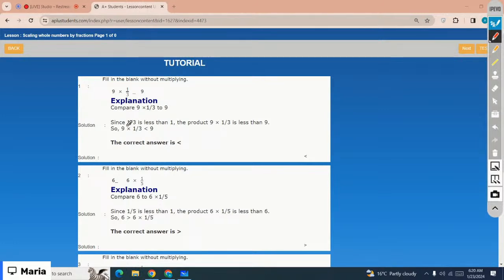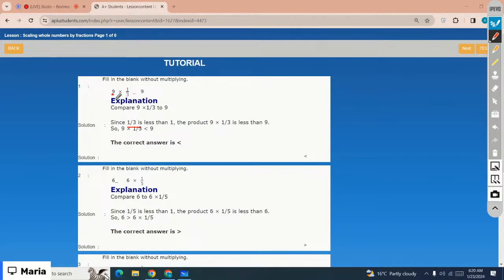That means 1/3 is less than 1, so 9 times 1/3 is also less than 9. When you multiply a whole number by a number that is less than 1, it converts the whole number into a smaller number. Got it?